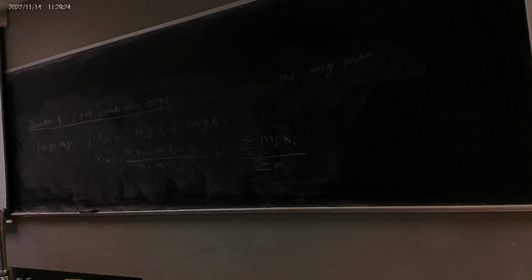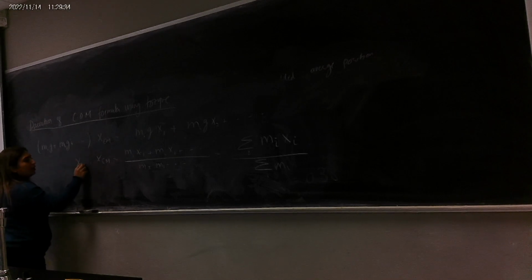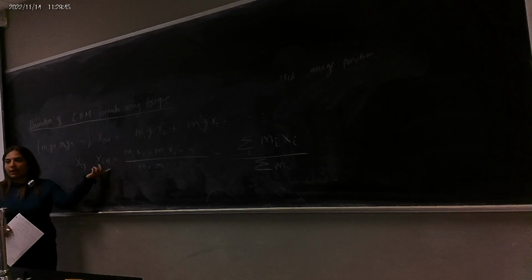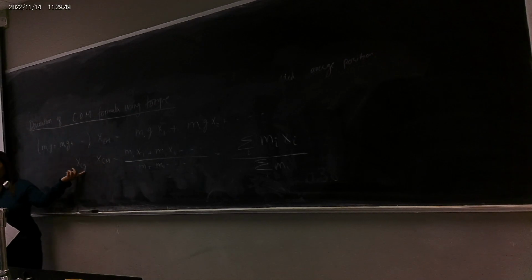Similarly, we can write each one of them. You can write the XCG. Sometimes you might see XCG, center of gravity, or center of mass. They both are the same thing. When you are talking about the center of mass, you are looking at just the masses multiplied by the distances. When you are looking at the center of gravity, you are looking at the weight of each particle.